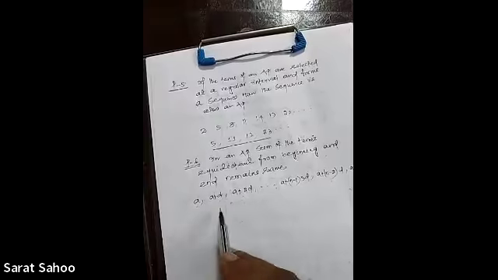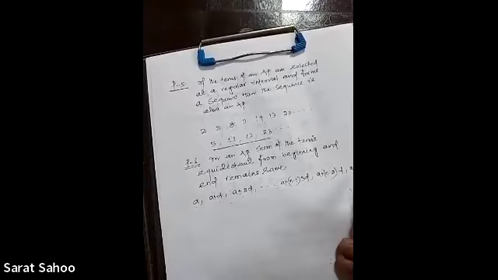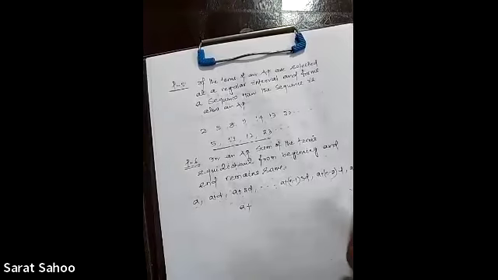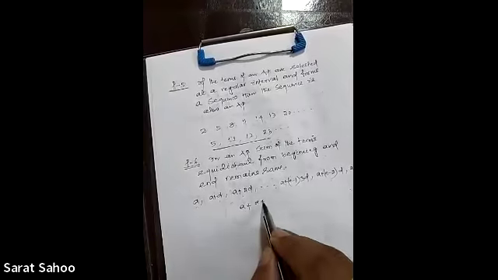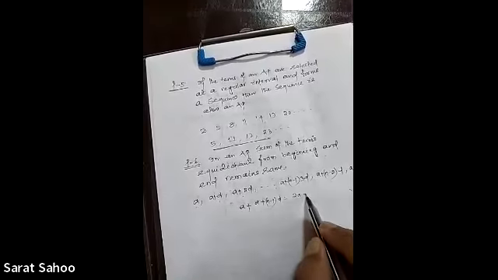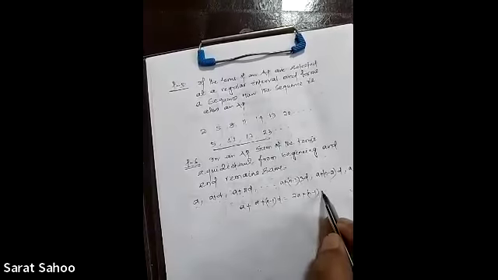Take the sum of the first term from the beginning and the first term from the end. That is A plus A plus n minus 1 into D, which is 2A plus n minus 1 into D.